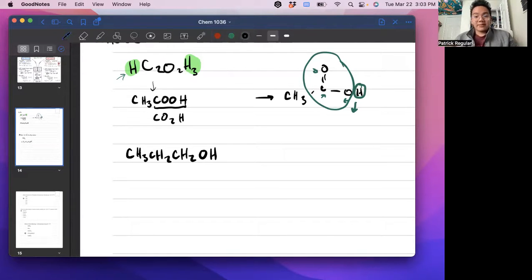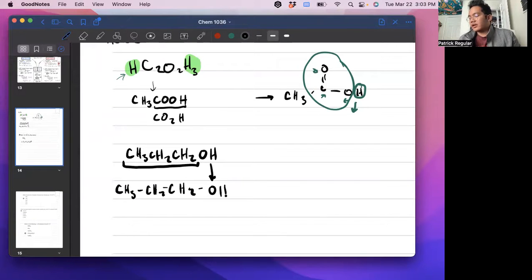Well, if you remember from test 1, when you're looking at polar molecules, hopefully this rings a bell where these are carbon chains. So CH3, CH2, CH2, and then you have that alcohol group right here. And it's that hydrogen in the alcohol group that's going to be protonated because it's not part of that hydrocarbon chain. And again, you have another functional group, an OH, which is an alcohol group.